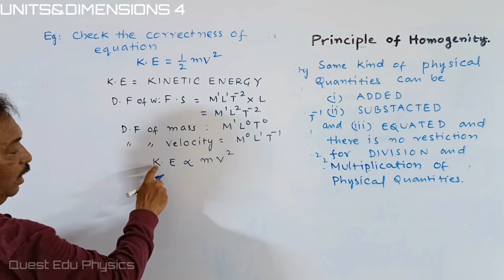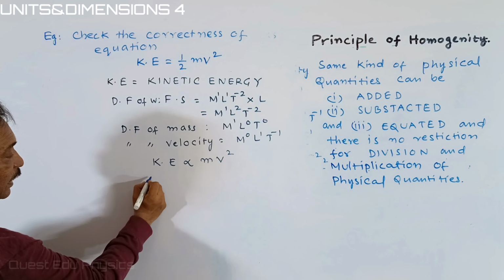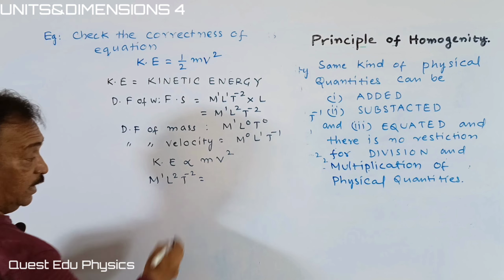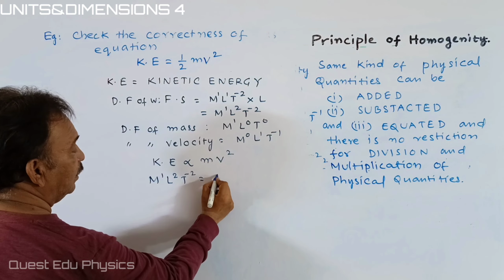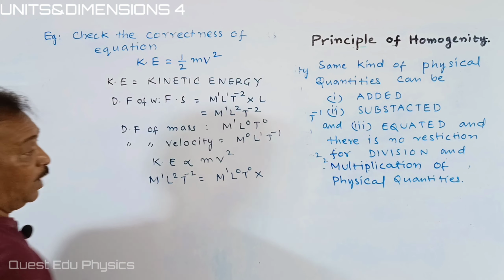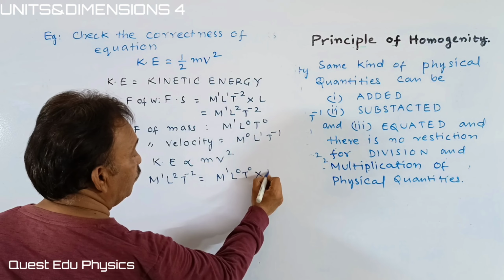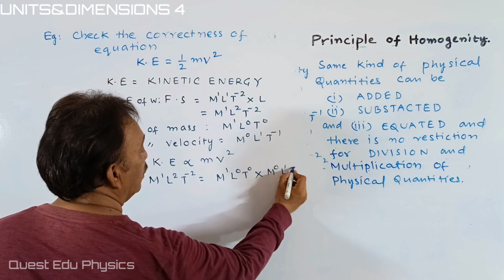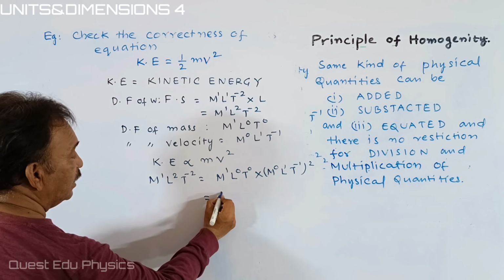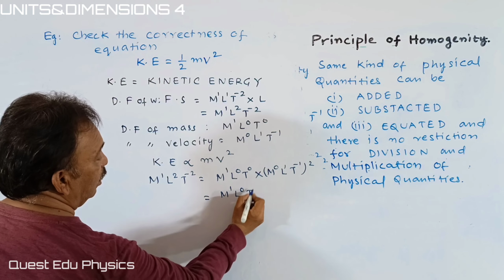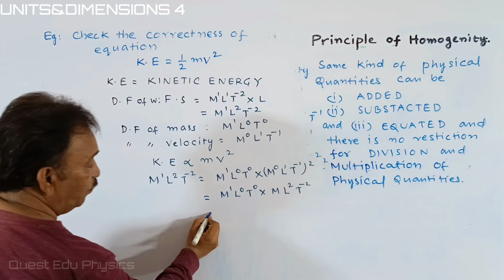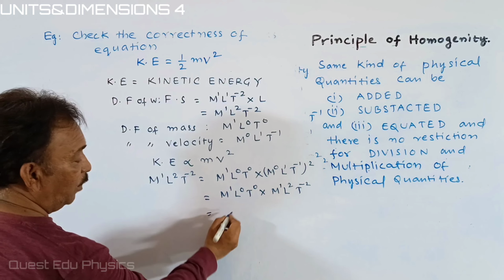The kinetic energy has the dimensional formula of M1 L2 T inverse 2, which is equal to, for mass, M1 L0 T0 multiplied with v square, the square of the velocity, M0 L1 T inverse squared. It can be written as M1 L0 T0 multiplied with M0 L2 T inverse 2. Then the bases are the same, so we have to add the powers.